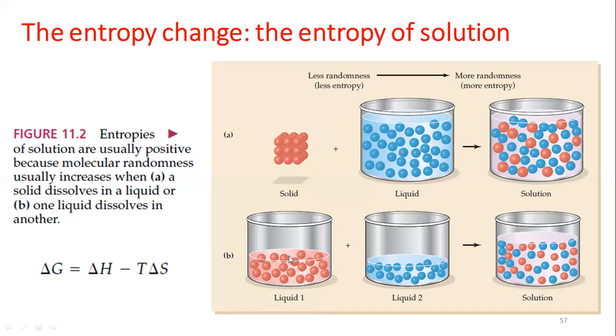In a similar way, if you dissolve a liquid into another liquid, then the entropy of the solution will also increase. It is having more entropy as compared to the individual liquids because there will be more randomness in the solution between the molecules of liquid 1 and liquid 2.